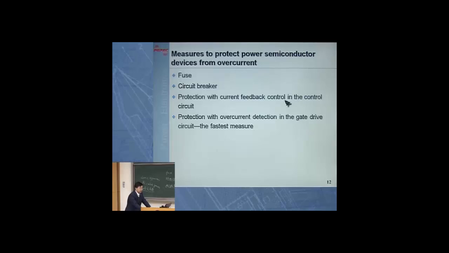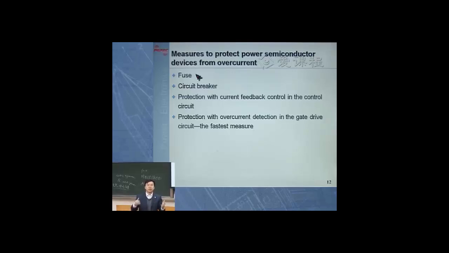Okay, and the measure you can take in the feedback control system is also very quick. And usually circuit breaker and fuse are slower measures because those are mechanical things. A circuit breaker is usually a mechanical switch, and it takes time to perform the function.